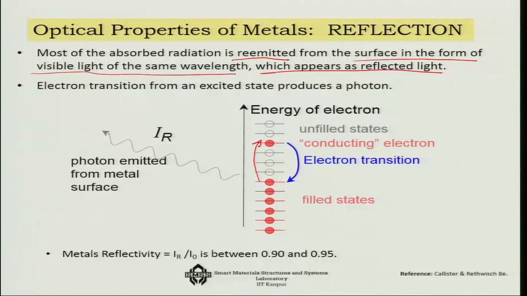So, as soon as it goes to the excited state, it again tries to jump back to the low energy state in order to minimize the energy, and as a result the electron emits energy which is approximately of the same frequency as the incident energy, and then it comes back as a reflected energy.